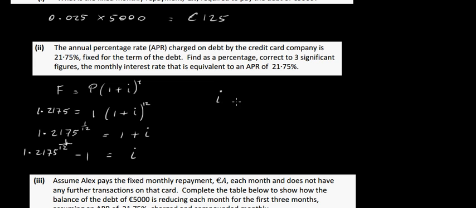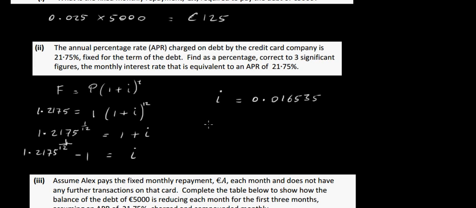What you'll find when you do this is just calculator work at this stage. You'll end up with I equal to 0.016535. Now, it says find as a percentage, so this is not a percentage yet. We've got to convert this to a percentage, correct to 3 significant figures.